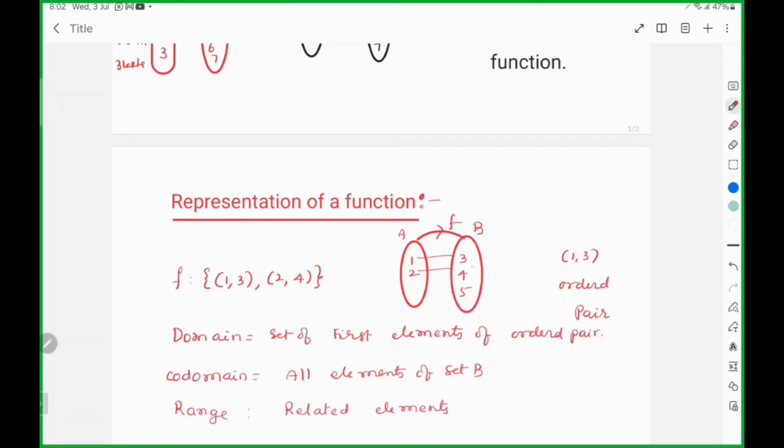Here the range is 3, 4, and the codomain is 3, 4, 5, all the elements. Range means only related elements. Domain means the first elements of the ordered pairs.